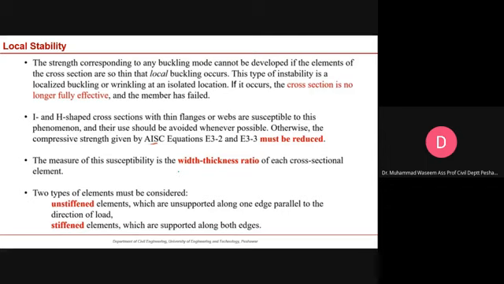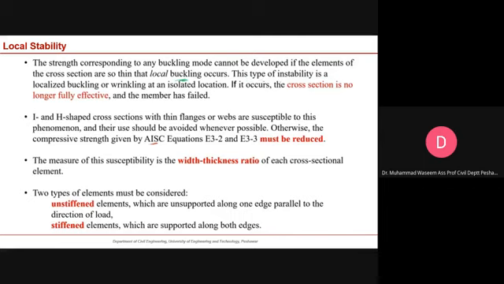Now, as I told you, we also have to check for local stability. Local stability failure occurs in the cross section, and if you have this type of failure, then the global capacity of your member will be reduced. The strength corresponding to any buckling mode cannot be developed if the elements of the cross section are so thin that local buckling occurs.